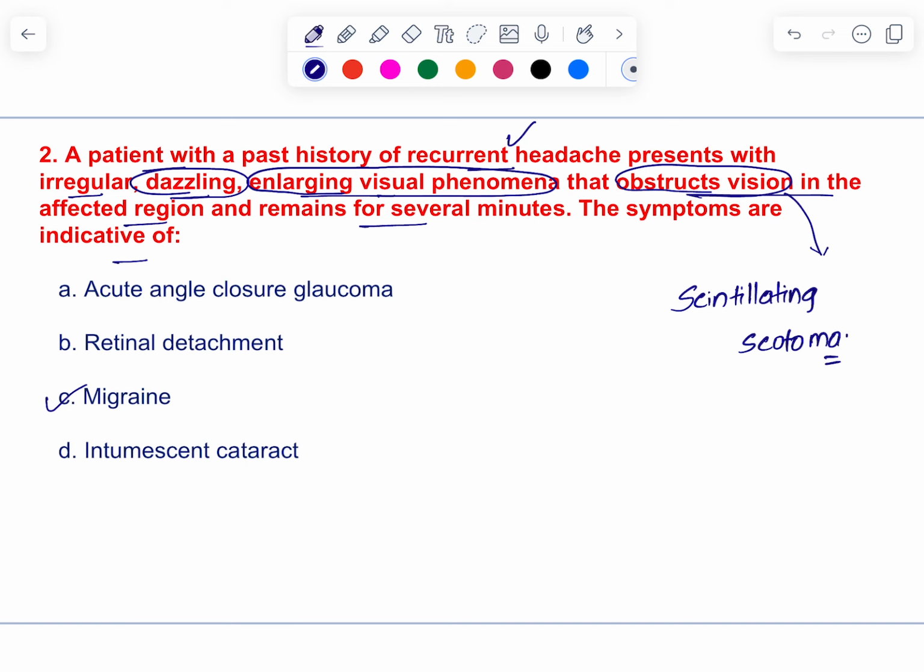You take the acute angle closure glaucoma. In case of acute angle closure glaucoma, these patients present with retroorbital pain. Along with retroorbital pain, the individual will also have nausea and as well as vomiting.